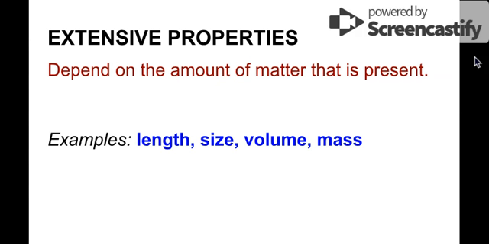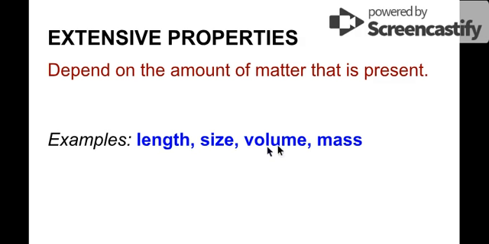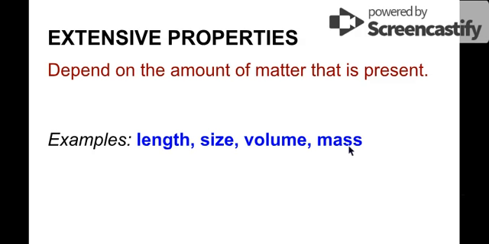All these four, if you change the amount of matter, they also change. If you have more matter, the length increases, the size gets bigger, the volume is expected to get bigger, and also the mass will be greater. So they change when you add or take away an amount from the object. So that is extensive property.